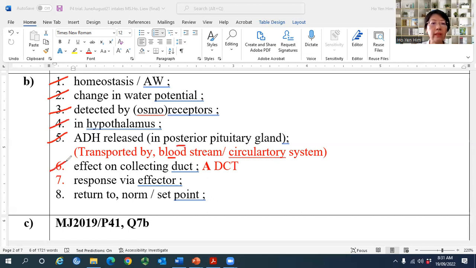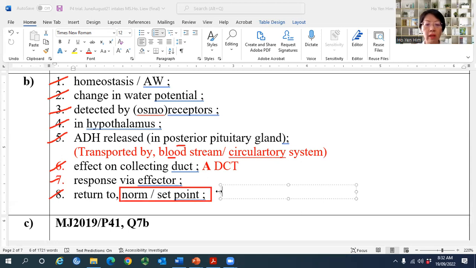Effector is the collecting duct. I also accept DCT. The response via effector means the effector will carry out the response where the water will be reabsorbed, and hence lastly the water potential will return to the norm or the set point. This is where a lot of students didn't learn this word.